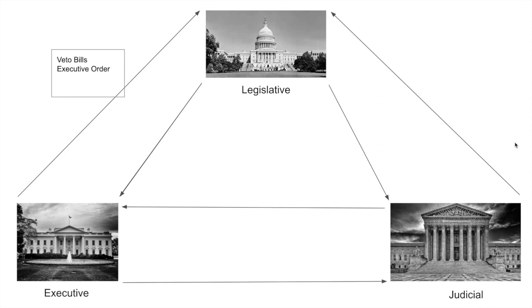The other option that the president has for checking the legislative branch is an executive order. And this one is sort of a half step, but it needs to be addressed. Remember, laws override executive orders, so if Congress gets tired of this, they can pass another law later on. But the executive order is there so the president can say, hey, Congress, you're not doing the job you're supposed to do.